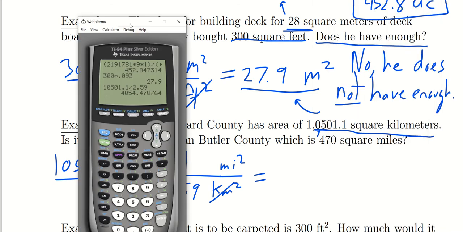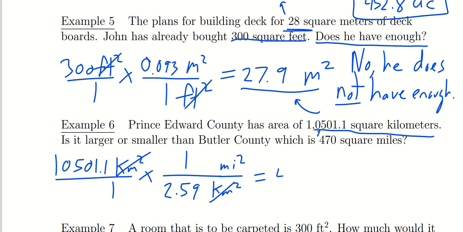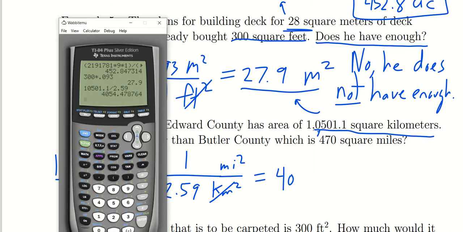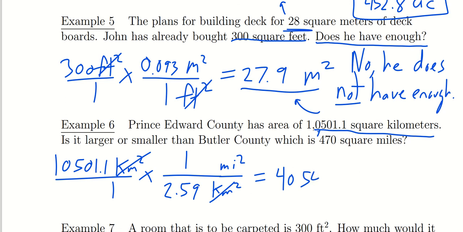And when we do that, we get 4,054.5 square miles. So the question is, which one is bigger? The answer is going to be Prince Edward County.